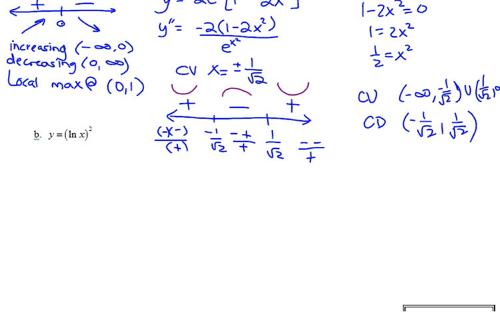So while we're not done, what do we still need? Inflection points. So we have 2 inflection points. One of them's at f of negative 1 over root 2, and one's at 1 over root 2. Where do we go to get the y values? The original function.